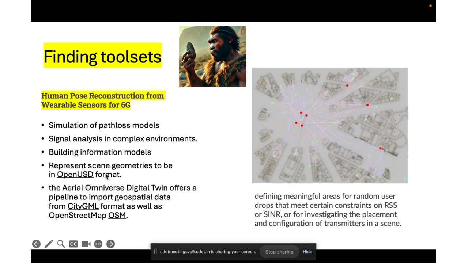The scene description formats are used, and then there are many tool sets like digital twin tool sets, which allow you to import geospatial data, for example, in OpenStreetMap, etc. So this kind of a selection of a use case leads you down a path of creating information models, simulation of path loss models, representing them in universal scene descriptors, using tool sets such as Blender or some kind of animation tools to create these scene descriptors, and representing them in OpenStreetMap type solutions.